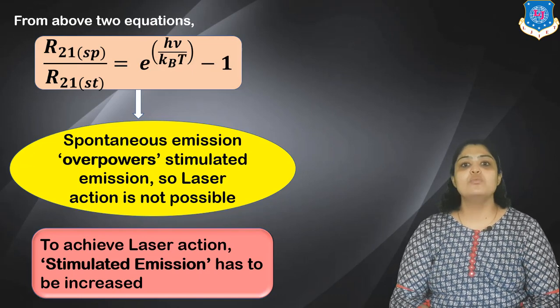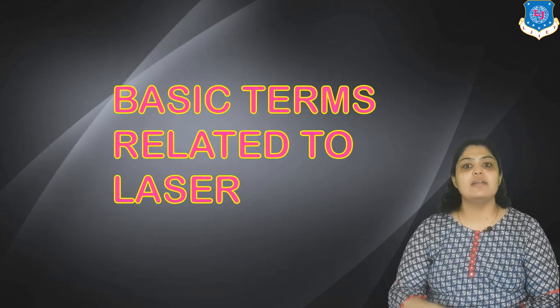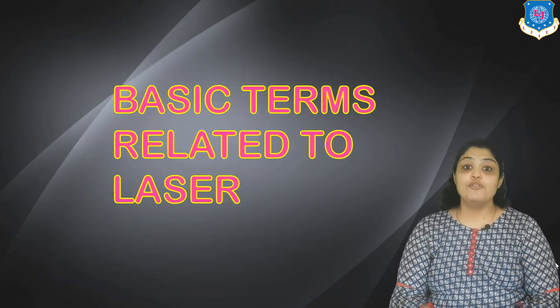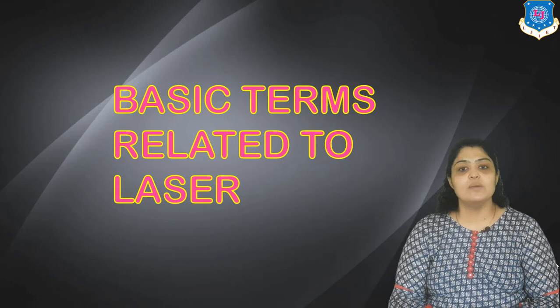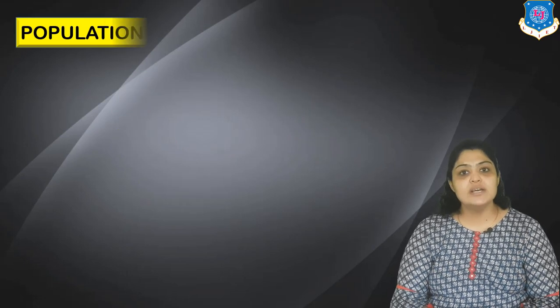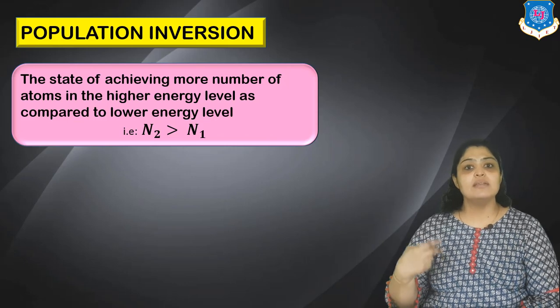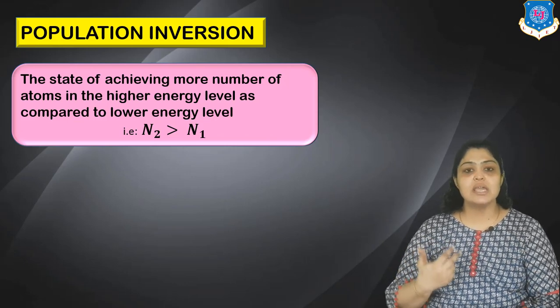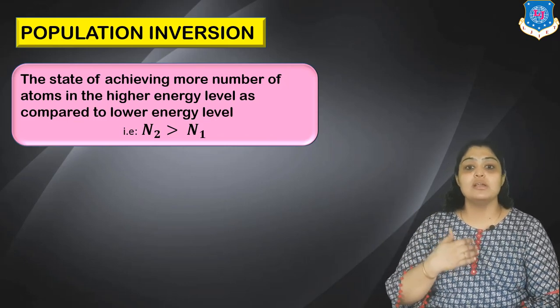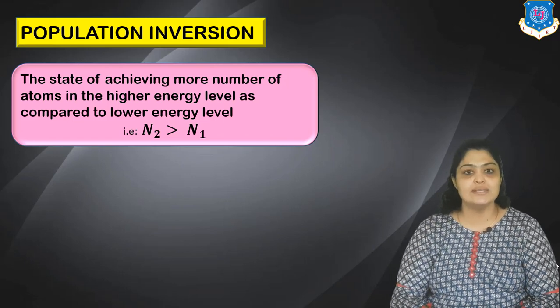Now I'll move on to some basic terms related to laser before we study what laser is. The first term is population inversion. Comparing the two emission processes, he came to know that stimulated emission is less compared to spontaneous emission.